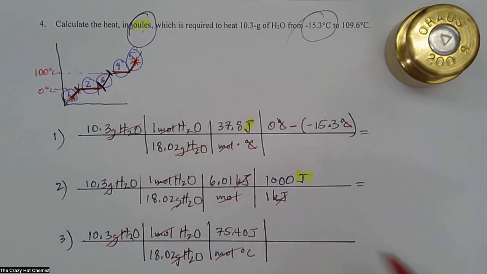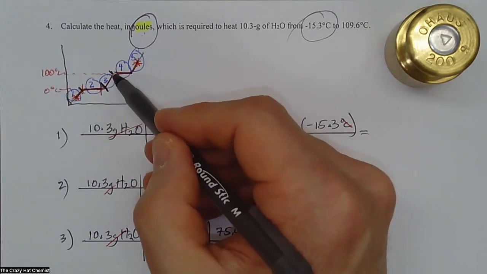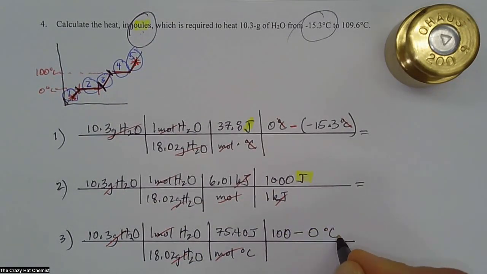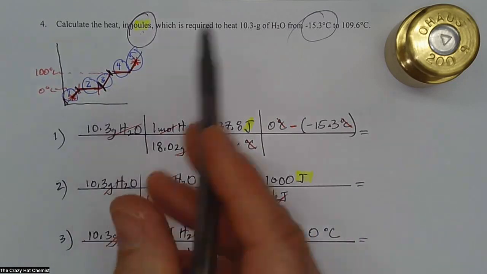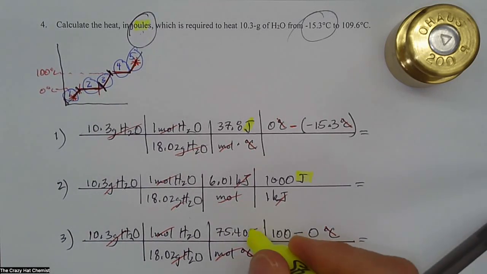Moles cancel out. The final temperature within this segment is 100. The initial temperature is 0. So the final is 100 minus the initial temperature of 0. These values have an infinite number of significant figures because I'm just noting the values on the graph. And you should see that the degrees Celsius cancels out, and I'm left with joules.